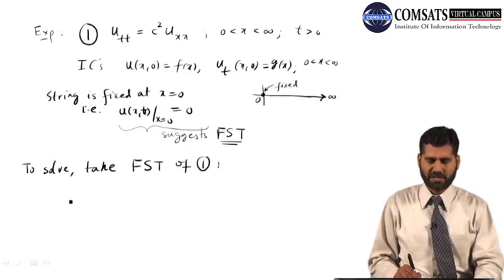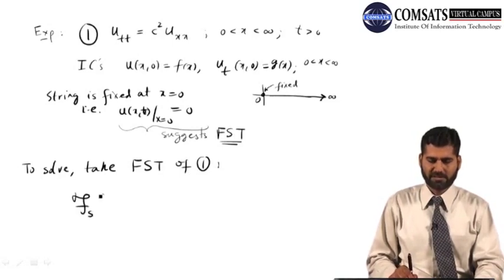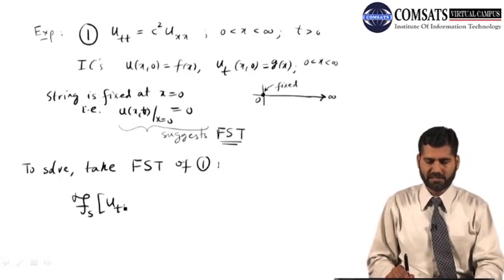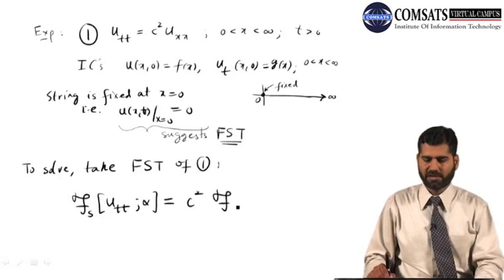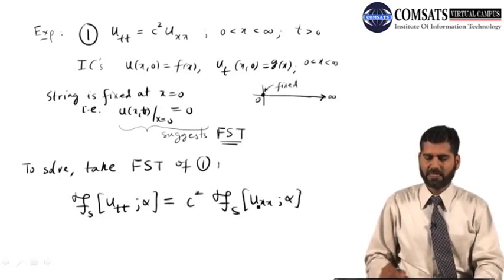Fourier sine transform of u_tt(alpha) is equal to c squared times Fourier sine transform of u_xx(alpha).